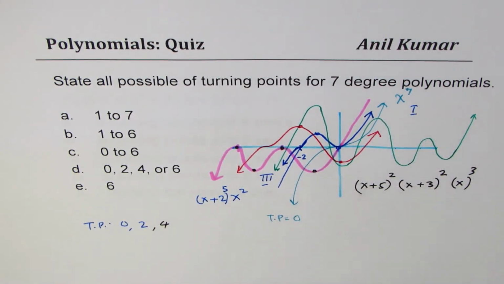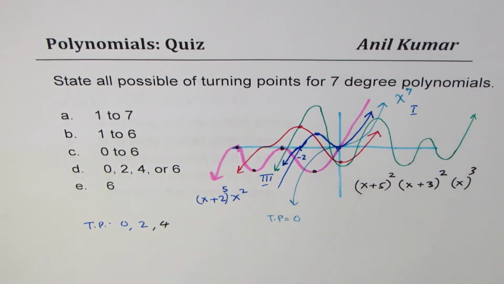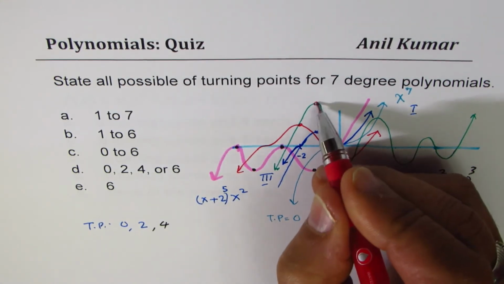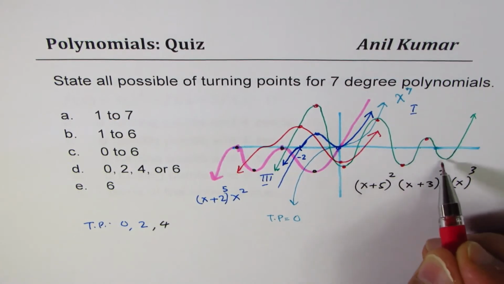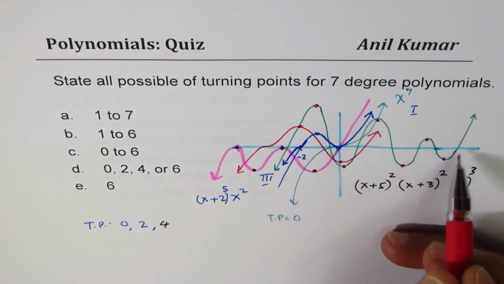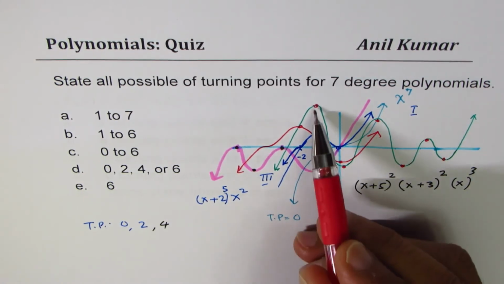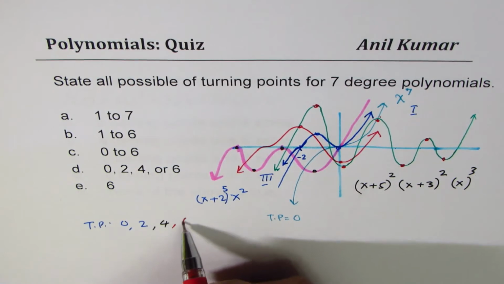Okay, so that is our function which has 7 zeros, and how many turning points does it have? Let's count them. Okay, so the turning points is 1, 2, 3, 4, 5, 6. So there are 6 turning points in this particular case, right? So we get 6 turning points.